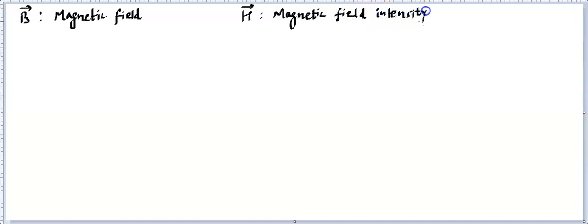We can also call it the applied field, so for an externally applied field we will be using this. And B is the magnetic field induction, to be proper. So this is how their names go: B is magnetic field induction and H is magnetic field intensity, and they are a bit different.